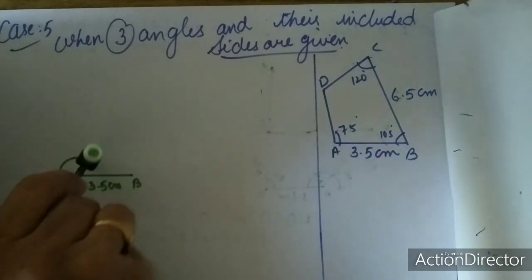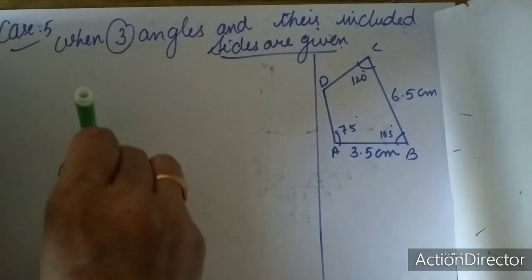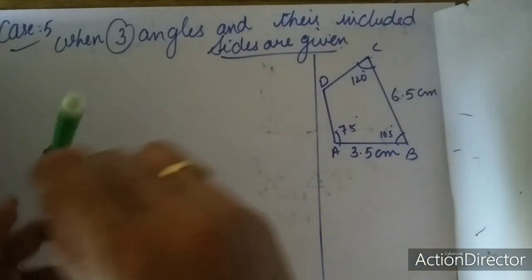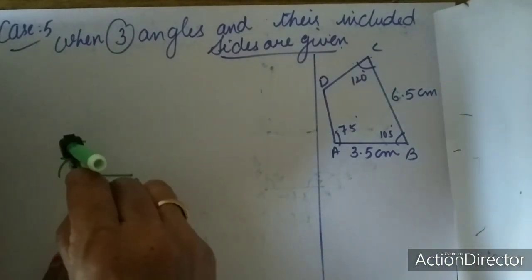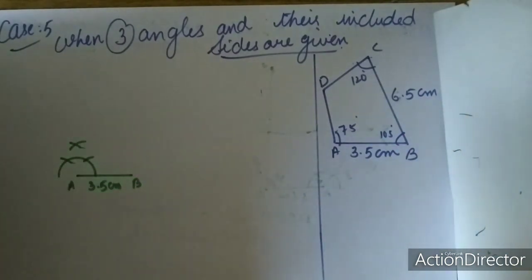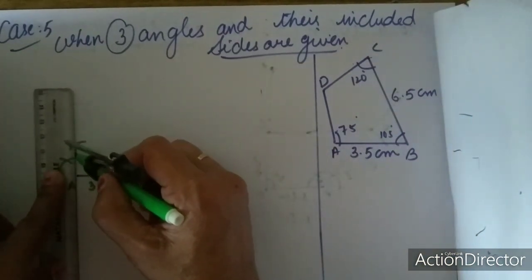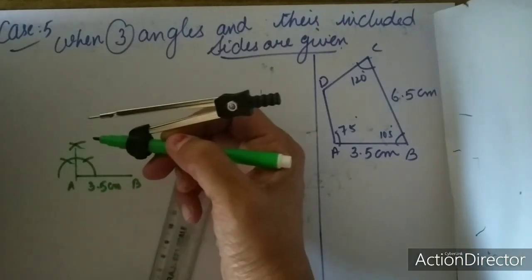First draw a semicircle. So first is 60 degree. This is 120. So for constructing 75 degree I had to make 90 degree first. First make 90 degree. Now between 90 and 60 you get the 75 degree angle.